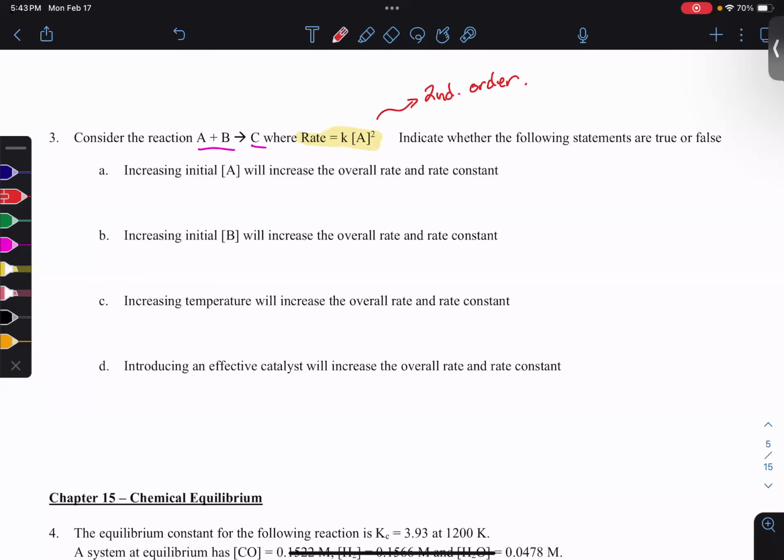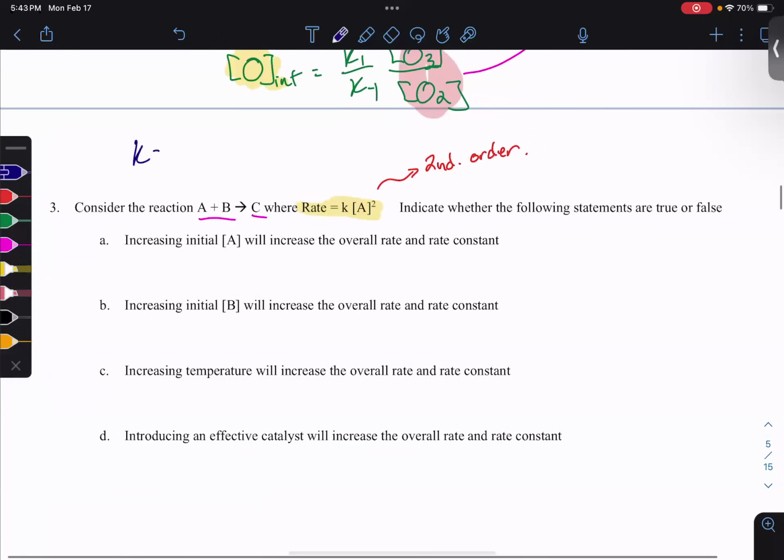All right, increasing the initial A concentration will increase the overall rate and the rate constant for this reaction. True or false? False. What makes this false? Remember what rate is. Rate is this guy. Rate constant is K. The only thing that affects K is the Arrhenius equation: K equals A e to the negative EA over RT.